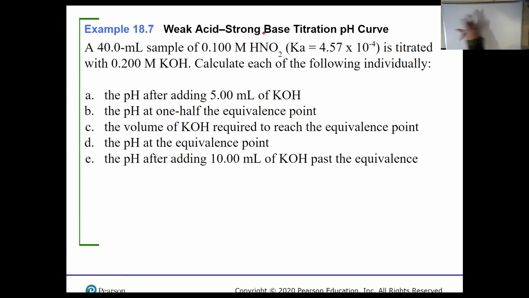All right, so we're looking at a 40 milliliter sample. It's 18.7. We're looking at a 40 mil sample, and we're titrating it with 0.2 molar KOH.